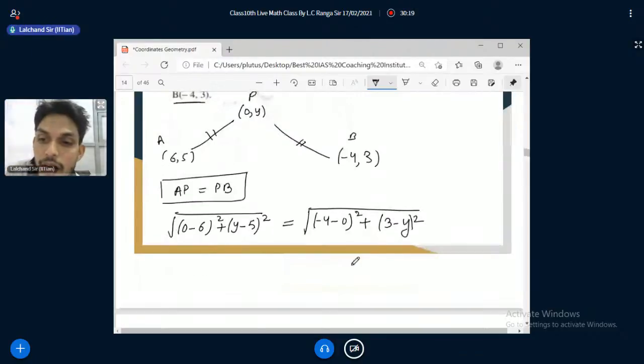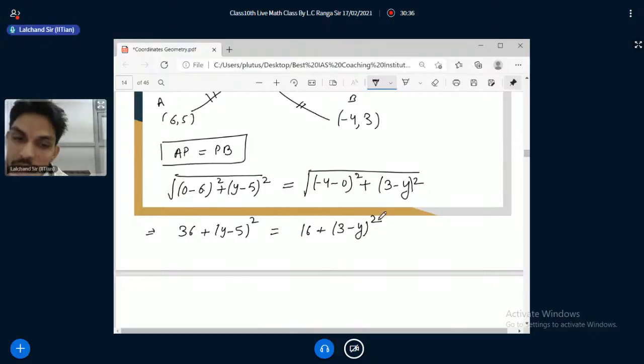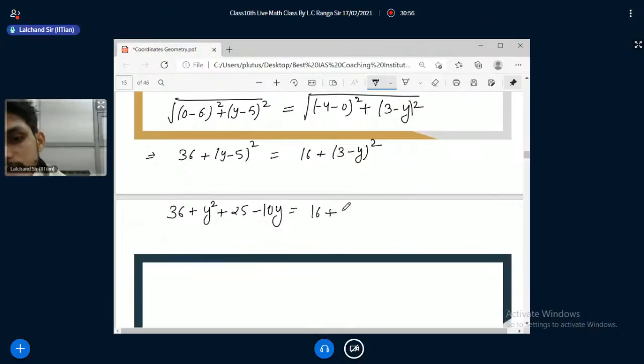If we square both sides, then we have 6 square, 36, plus y minus 5 square, equal to 16 plus 3 minus y square. Now if we simplify, this is 36 plus y square plus 25 minus 10y, and this is 16, 9 plus y square minus 6y, isn't it?